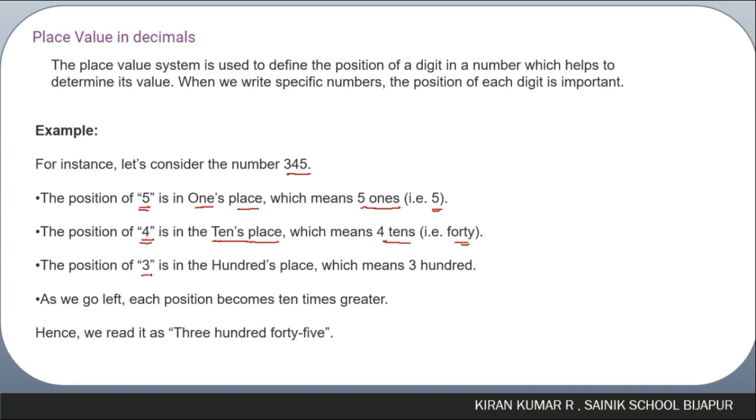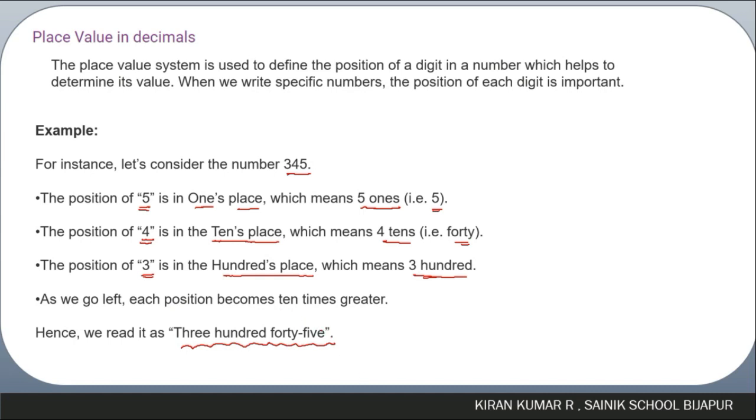The position of 3 is in the hundreds place, which means 300. So as we go left, each position becomes 10 times greater. Hence, we read it as 345.